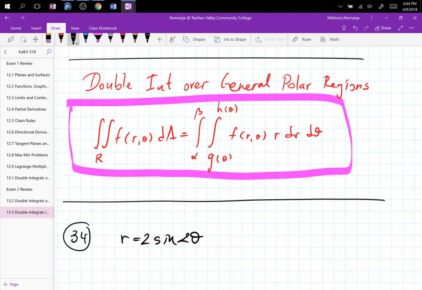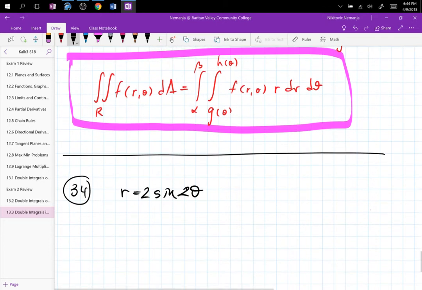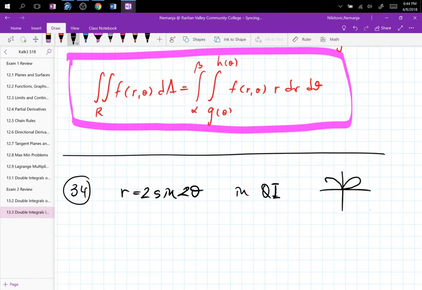So this is going to be a 4-petal flower in the first quadrant. So in quadrant 1. A quick graph. And we are focusing here. The rest of the flower we're going to throw away.